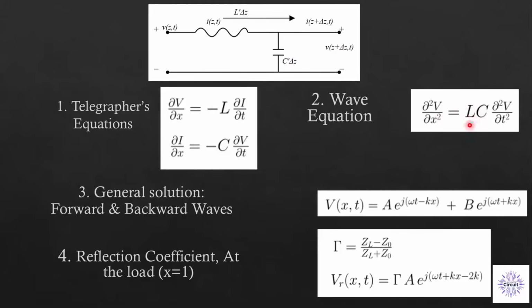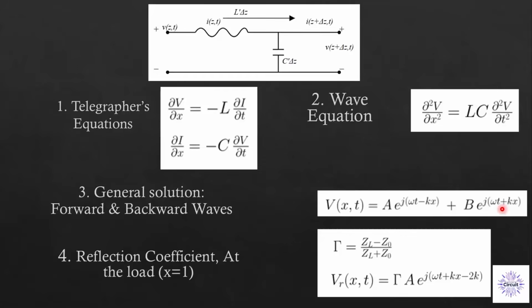You can find the wave equation from this equation, which ends up with a general solution of the wave, which is A e to the power of j(ωt minus kx) plus B e to the power of j(ωt plus kx), right?